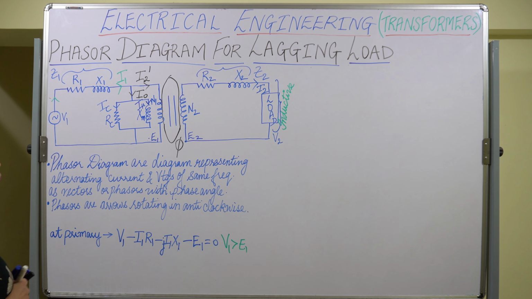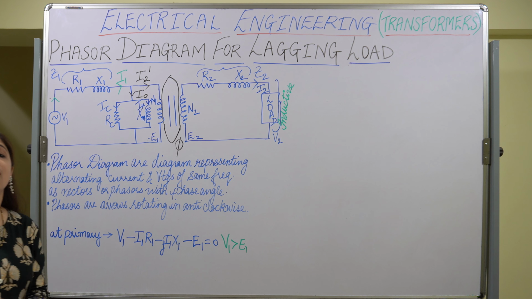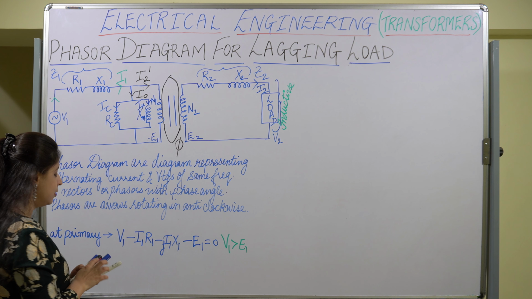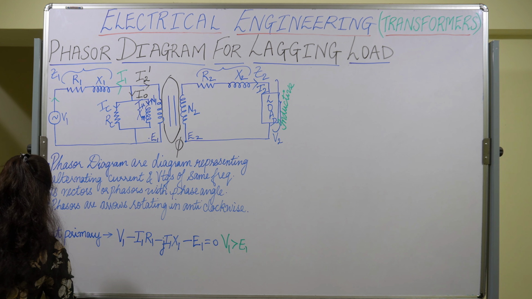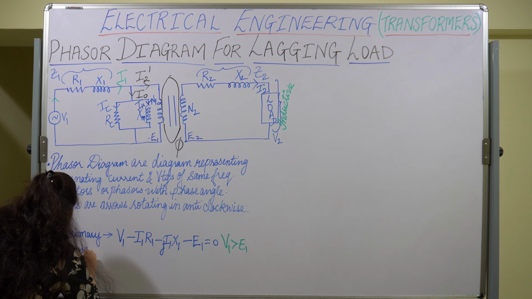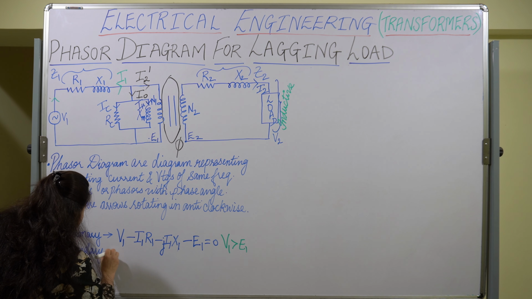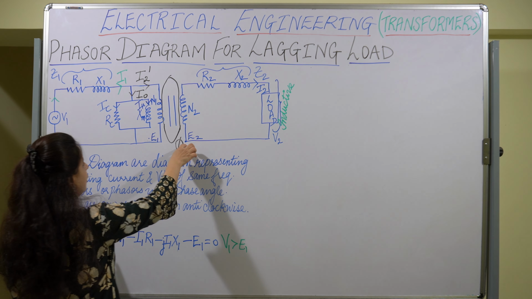Okay, so now let us start applying the KVL at the secondary side. We will be starting from here.